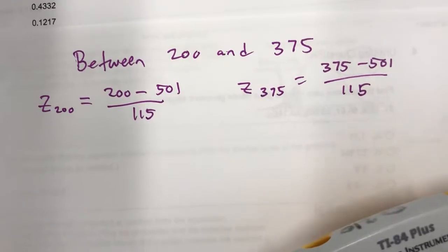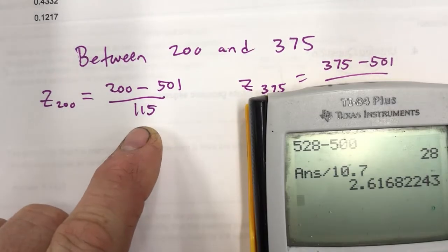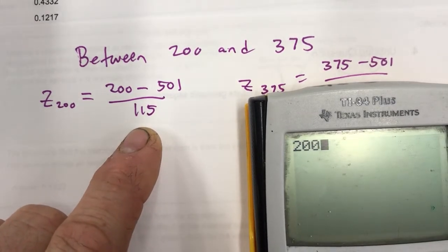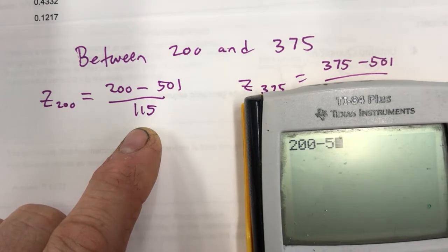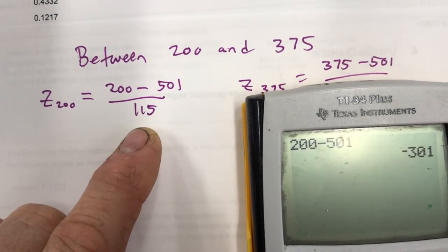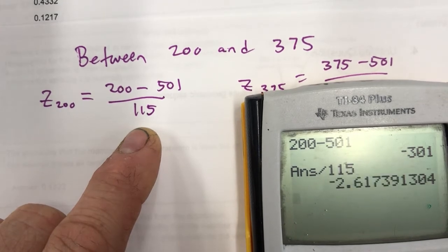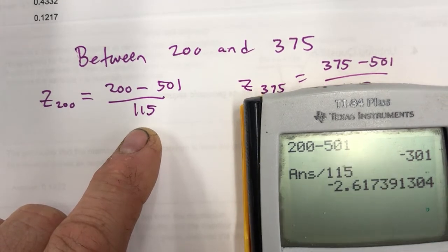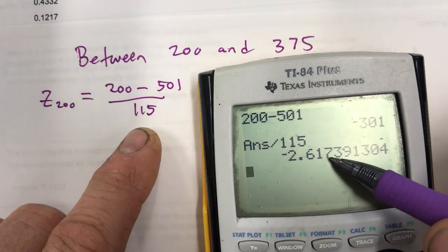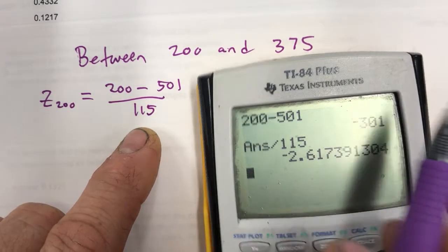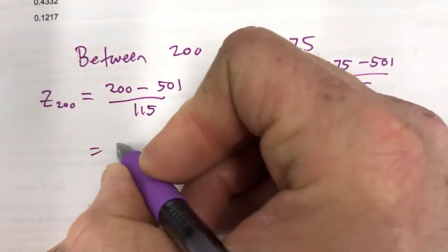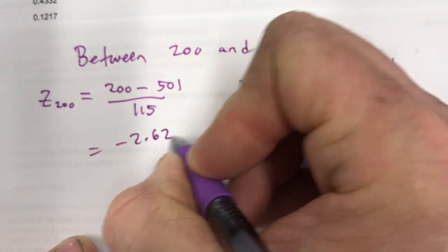Okay, so if I do this one, 200 minus 501 divided by 115, I get negative 2.6. I'm going to go ahead and round it. 7 makes the 1 go up to a 2, so negative 2.62.